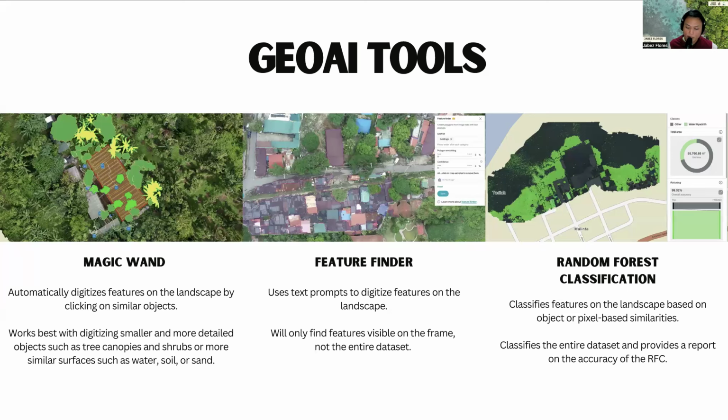You can perform either an object or pixel-based classification. It even provides an accuracy report so you know just how reliable the results are. Now, each of these tools offers a unique advantage, making your drone analysis faster and more precise. In the next slides, we'll see a demo of the Magic Wand and the Feature Finder in action.